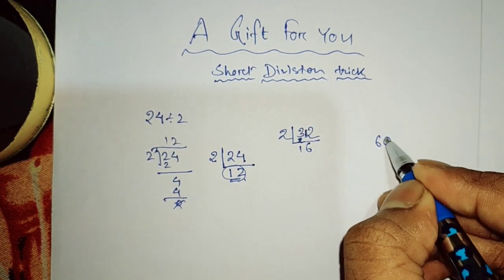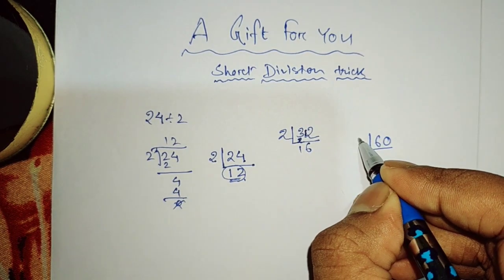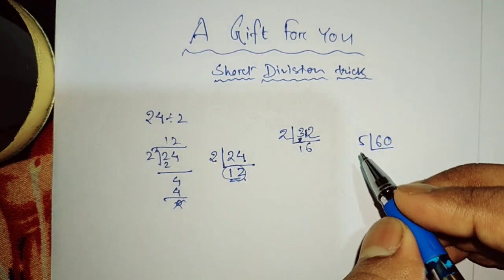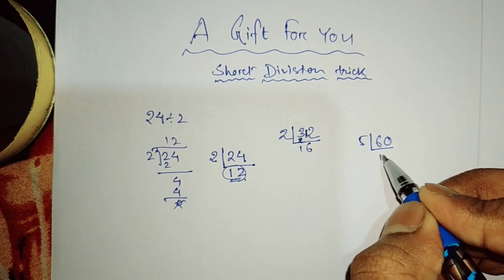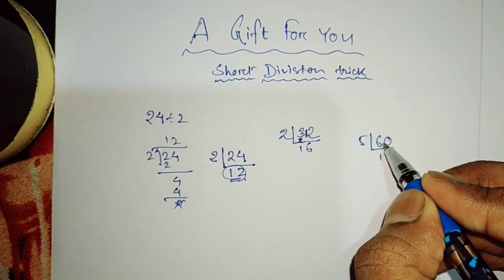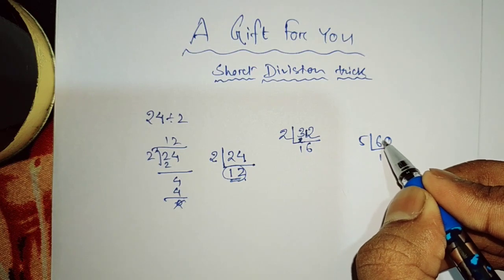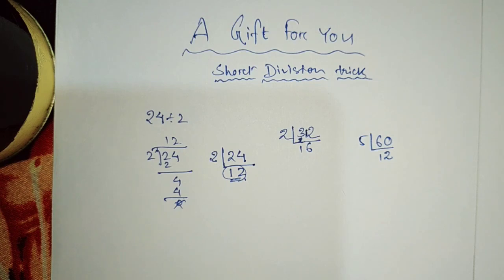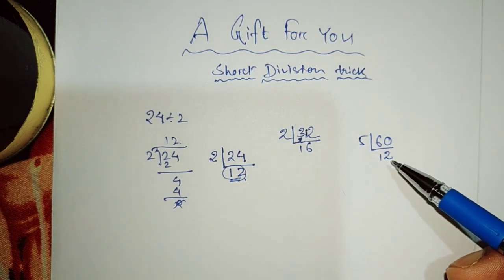Suppose we are given 60 and you have to divide by 5. Then 5 ones are 5, 6 minus 5 will be 1, 1 we imagine here, it becomes 10, 5 twos are 10. See how easy it is.